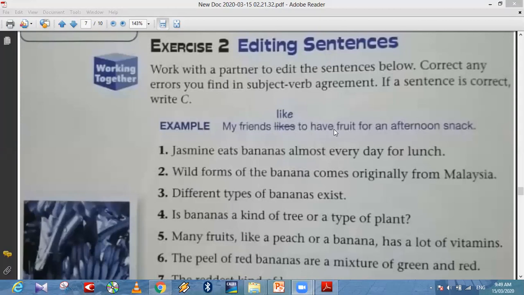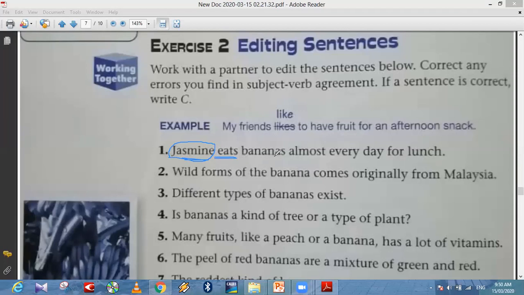Jasmine eats bananas almost every day for lunch. Jasmine is the subject. Yes, Jasmine is the simple subject of the sentence. This is a singular subject. Eats. Is it correct or not? It's correct. So Jasmine, singular subject, and the verb that agrees in number with it is eats.